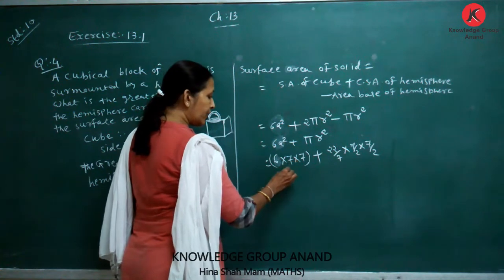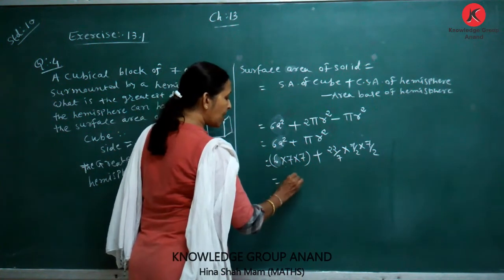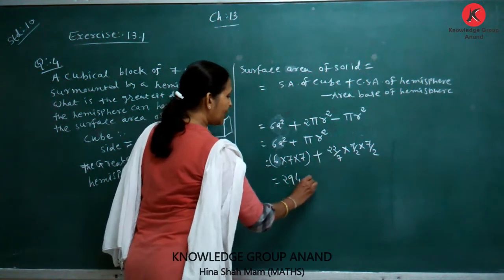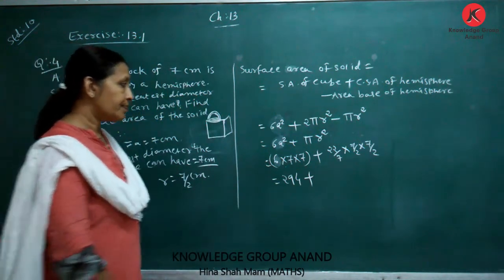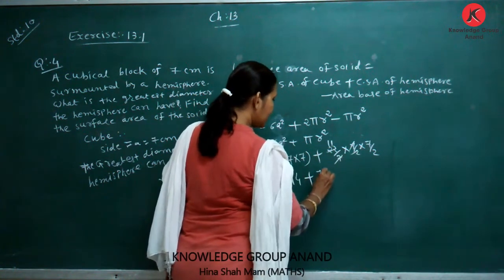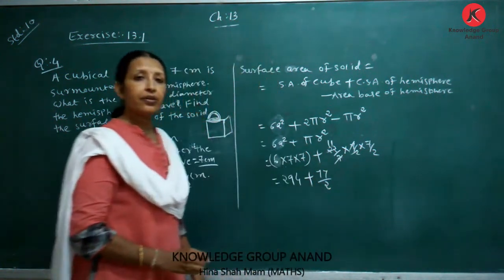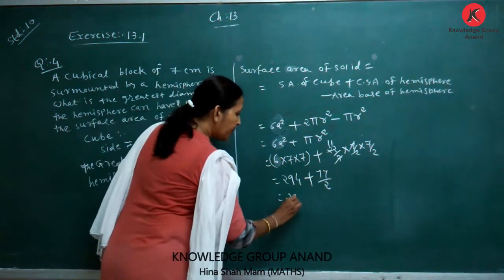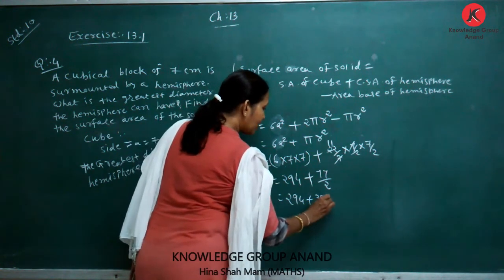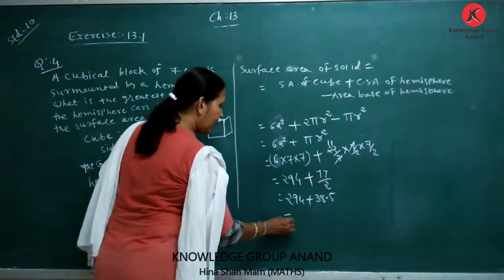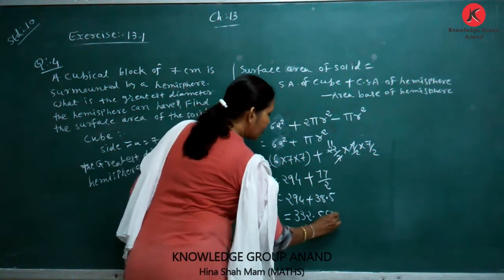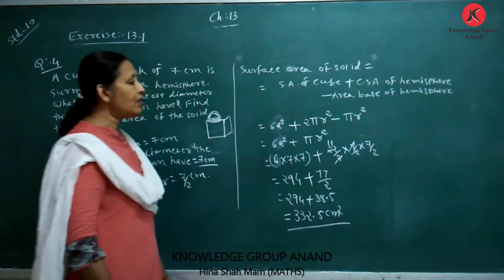6 7s are 42, 42 7s are 294, plus 22 by 7 into 7 by 2 into 7 by 2, 7 cuts 7, 11 7s are 77 upon 2, which is 38.5. So 294 plus 38.5 is equal to 332.5 centimeter square.